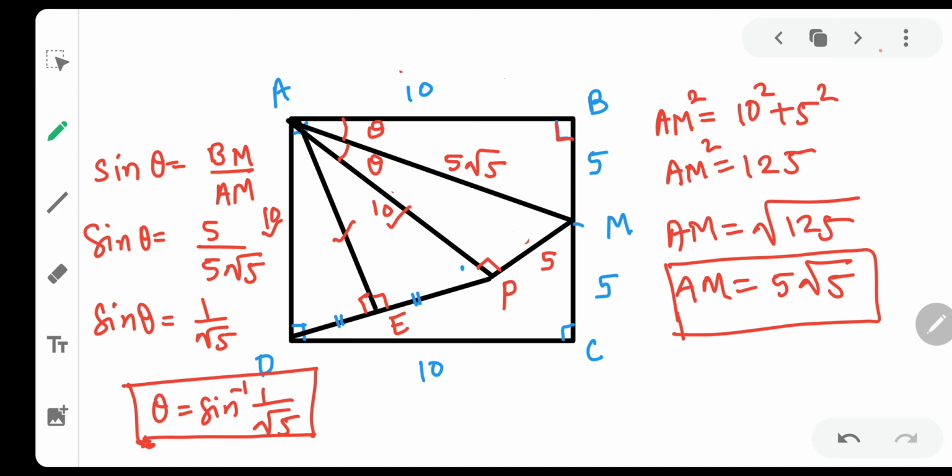Now we also know one very important thing is that if these two triangles are congruent, then these two angles are also congruent. So let me call these two angles phi phi each. So angle A is comprised of theta plus phi plus phi. That means 2 theta plus 2 phi.